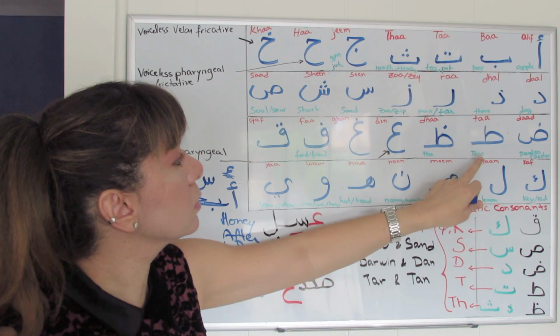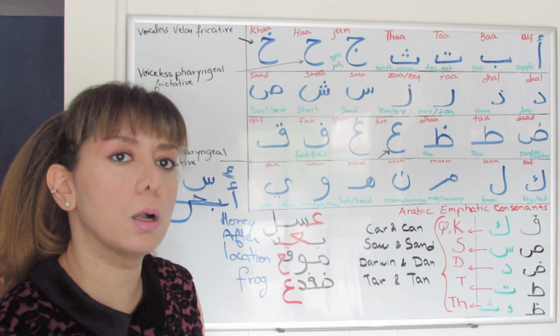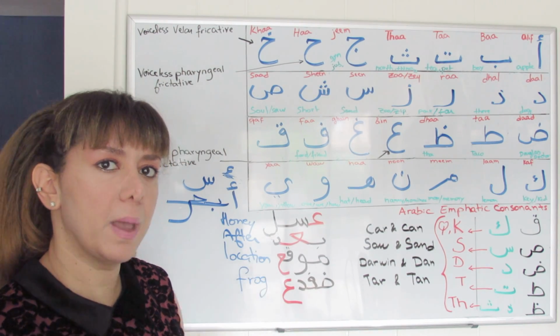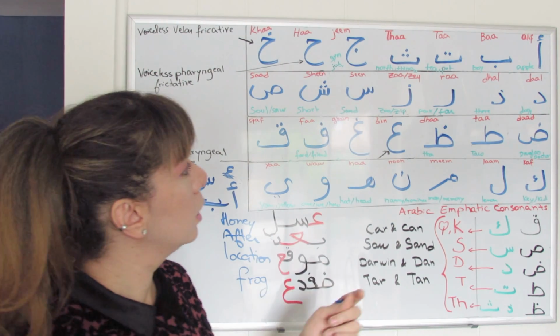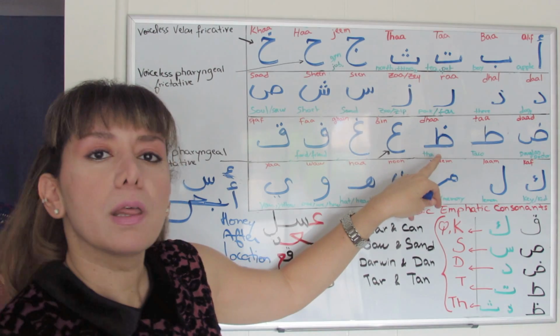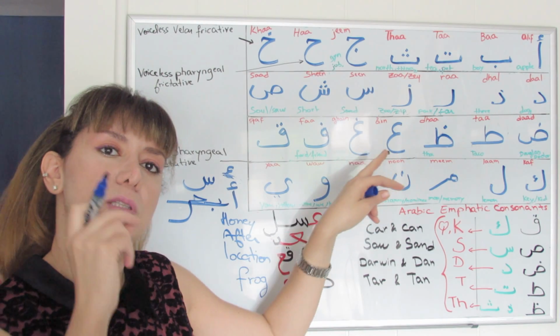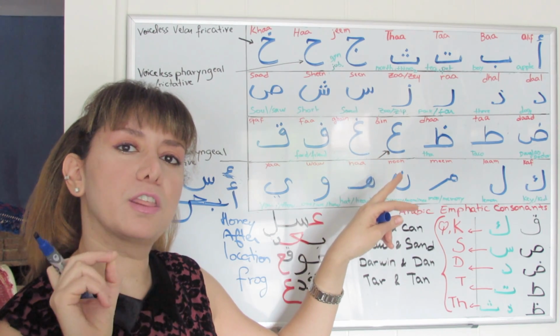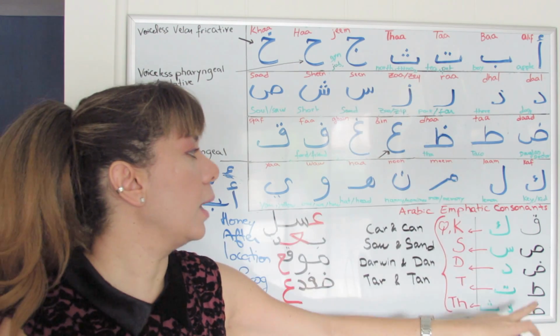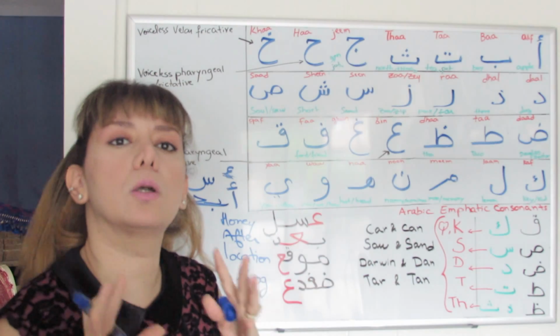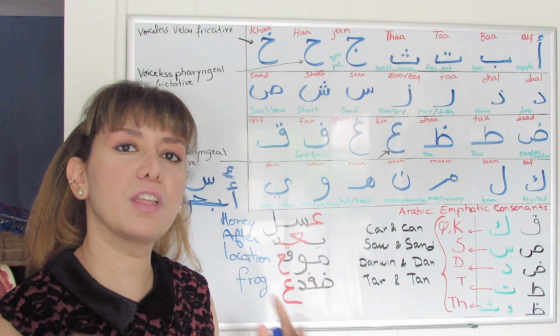Both T, like a taco in Spanish. Tha. You have to stick your tongue out. Thal, tha. Tha is also an emphatic consonant.